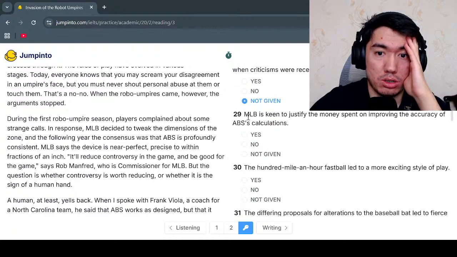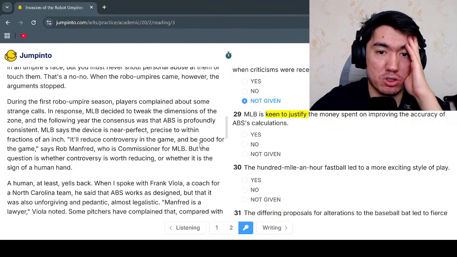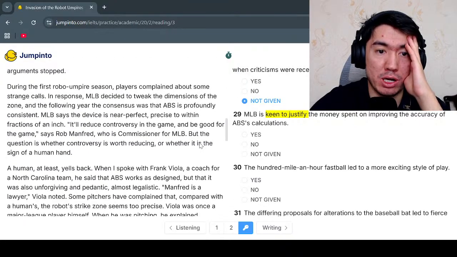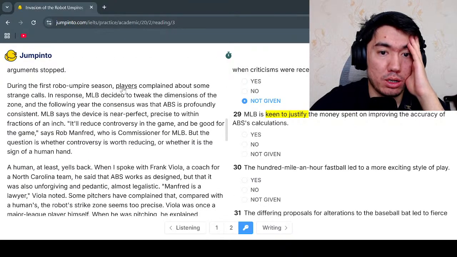It is hard. MLB is keen to justify the money spent on improving the accuracy of ABS's calculations. So, are they trying to justify the money they spent? First of all, let's find where they spent that money. Players complained about some strange calls, decided to tweak the dimensions.